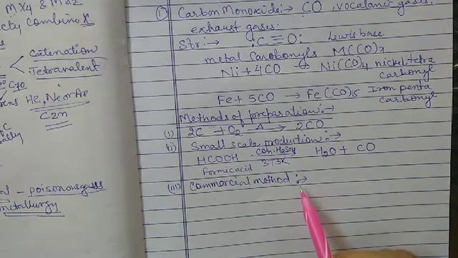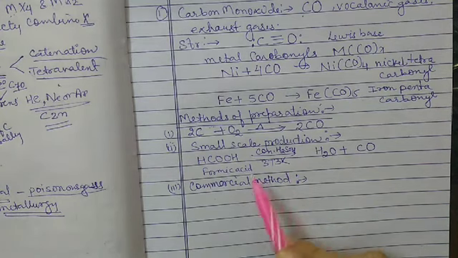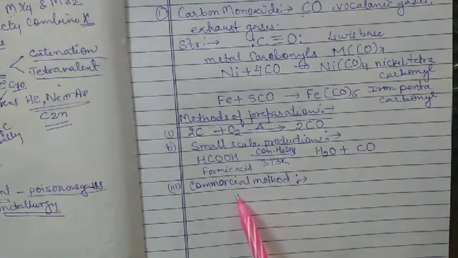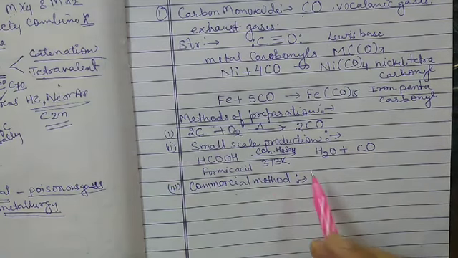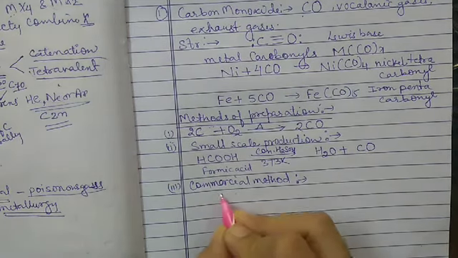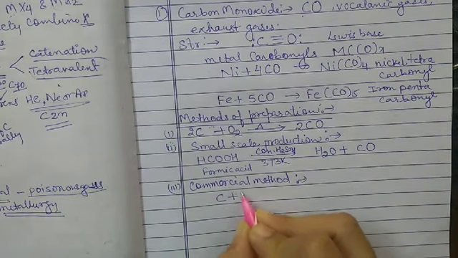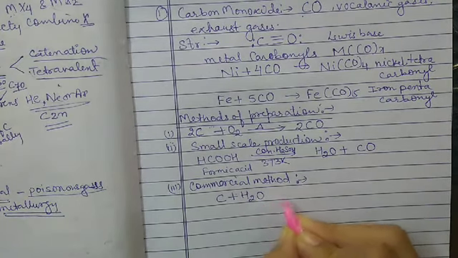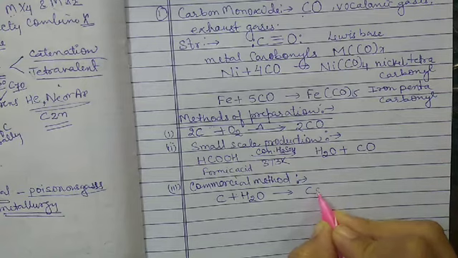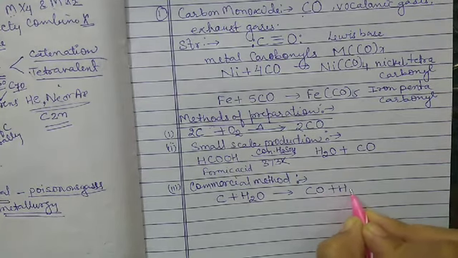Here the coke stands for carbon. In this reaction, a mixture of carbon monoxide and hydrogen is obtained. Let us see the reaction. When steam is passed over coke, we get CO plus H2.